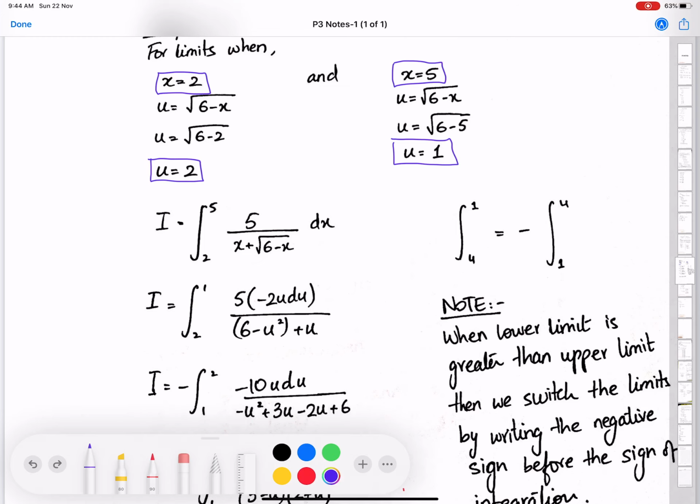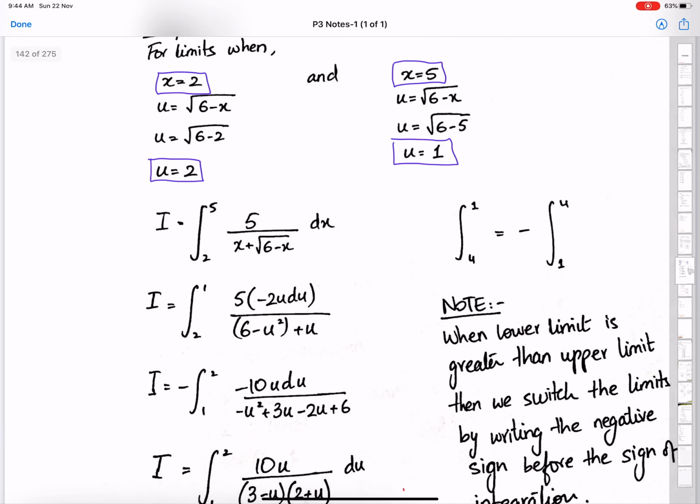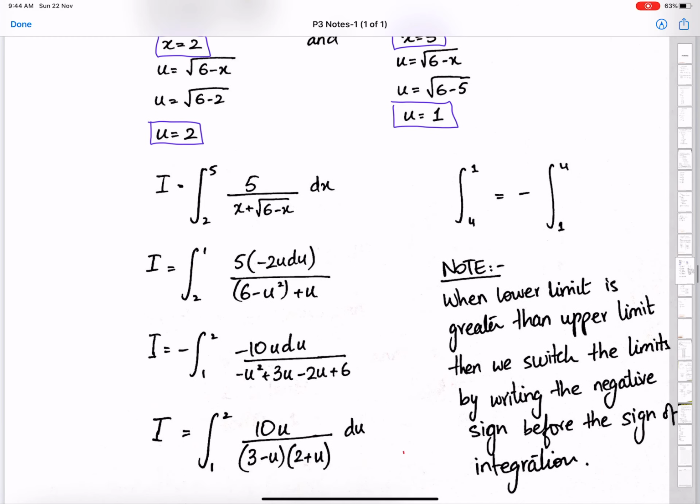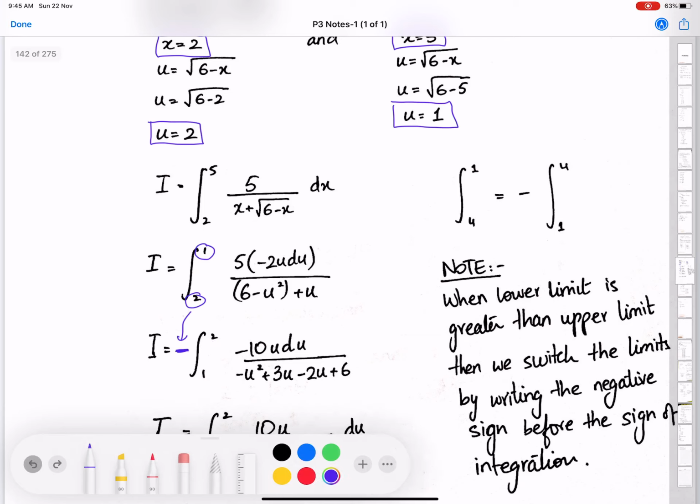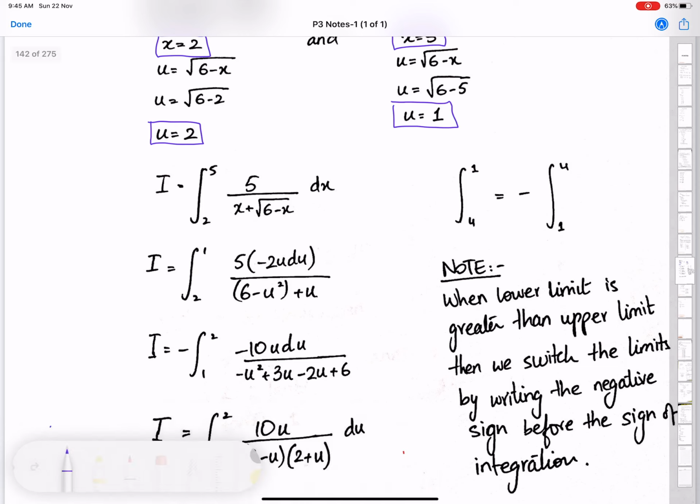You have done this in integration in your AddMath syllabus, in your P1 syllabus, that when the lower limit is greater than the upper limit, then we always change the limits by writing a negative sign before the sign of integral. By writing a negative sign before the sign of integral, we can switch the limits. So 1 is here and 2 is here. Now these limits are correct. So always switch the limits when the lower limit is greater than the upper limit, and make this note.